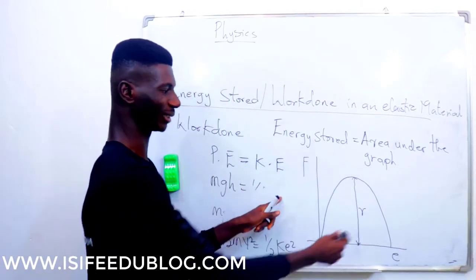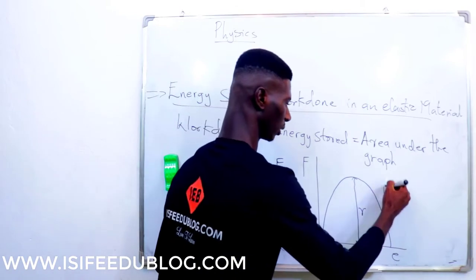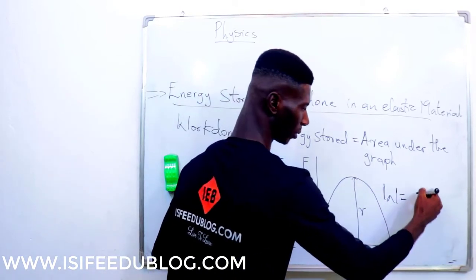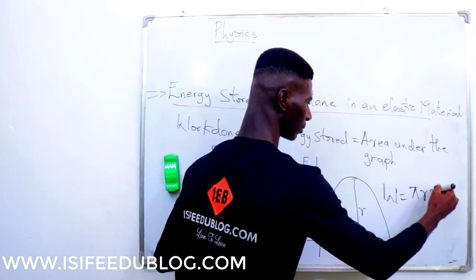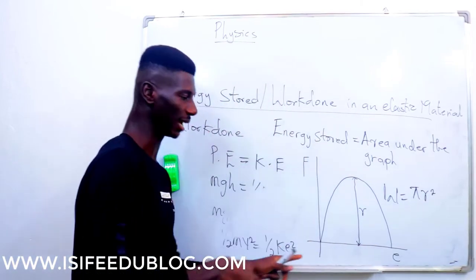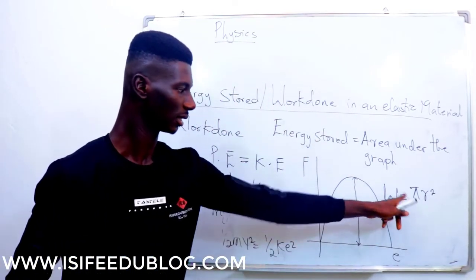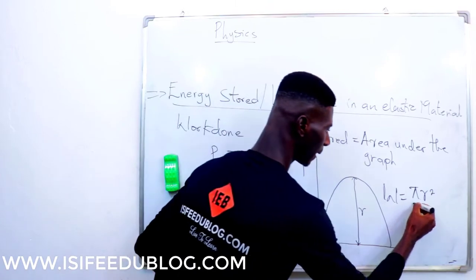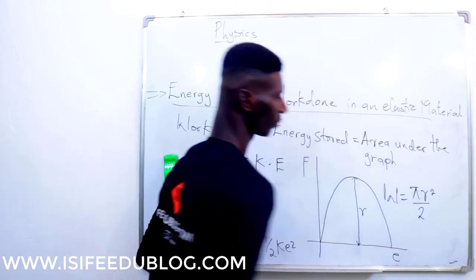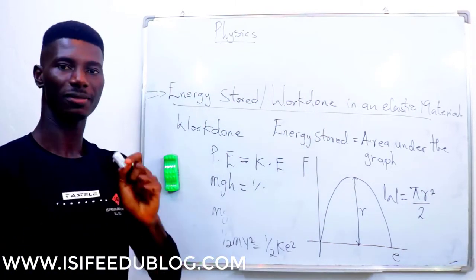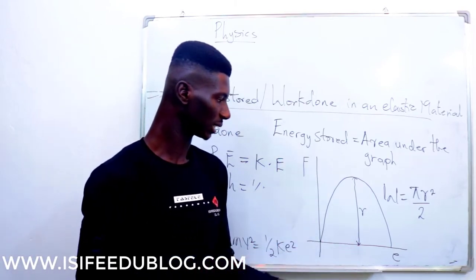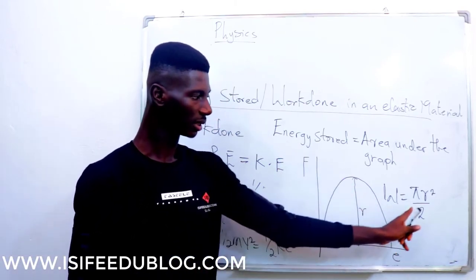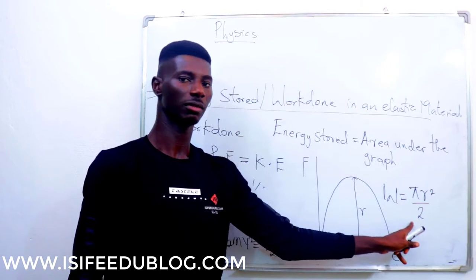Therefore, the work done in this particular graph is equal to pi r squared, which is area of this, divided by 2. Please note this is very, very important. Area under the graph, when you have a semicircle, is pi r squared divided by 2.